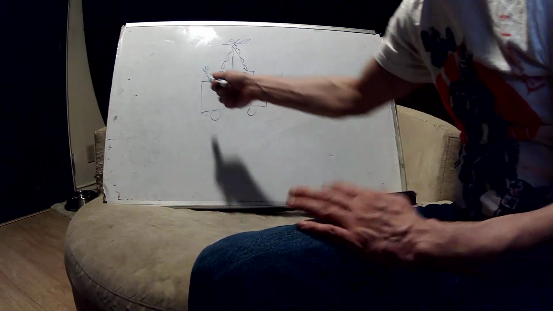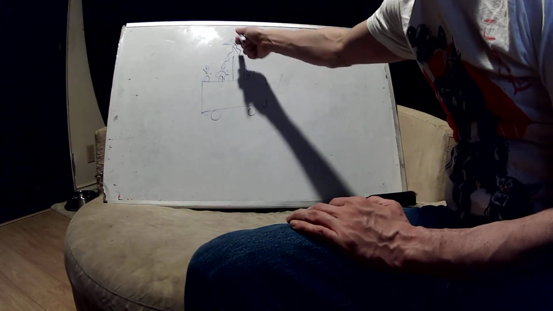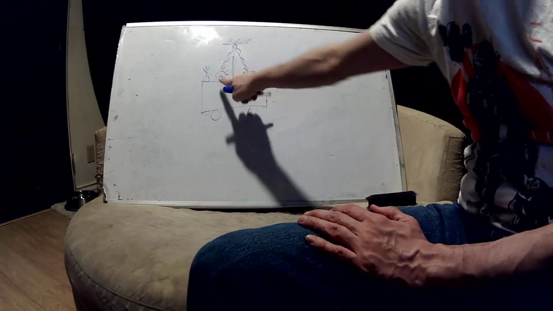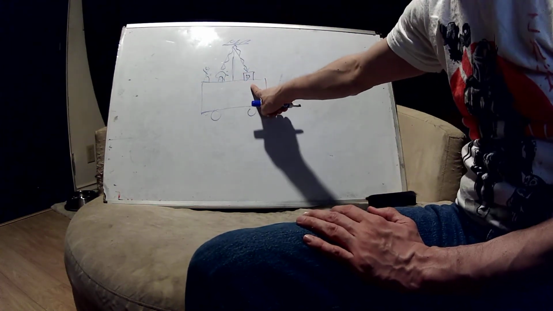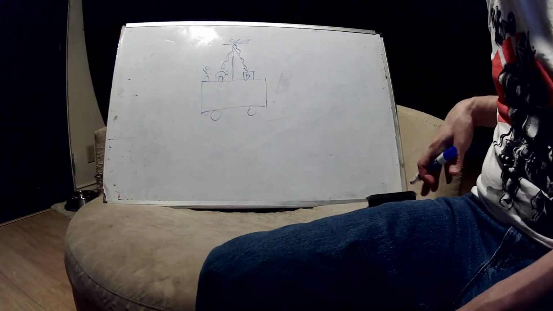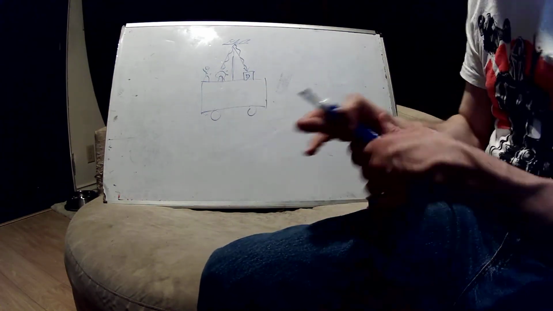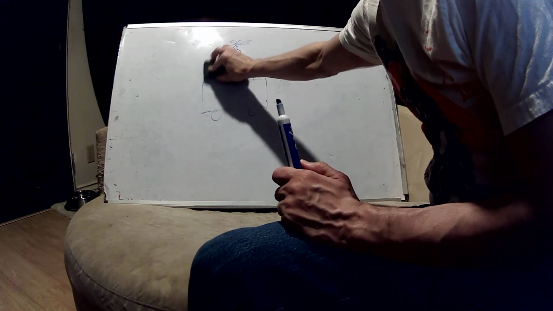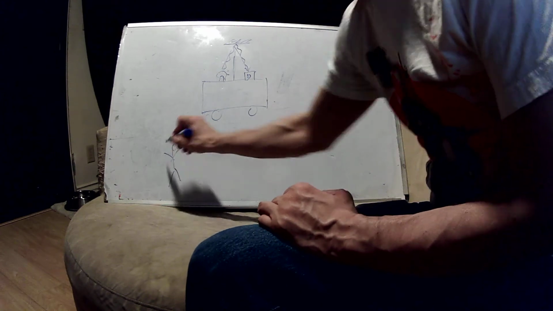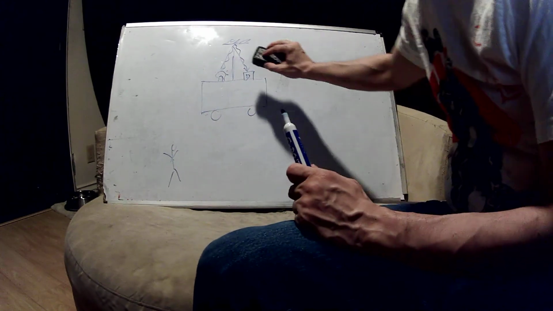And so if you're standing here, it's going to look like there's a certain amount of time in between these two events, right? The light bulb turning on and the photodetector telling the computer, hey, we see the light, right? However, let's say you're not standing here. Let's say you're standing on the side watching this train go by.